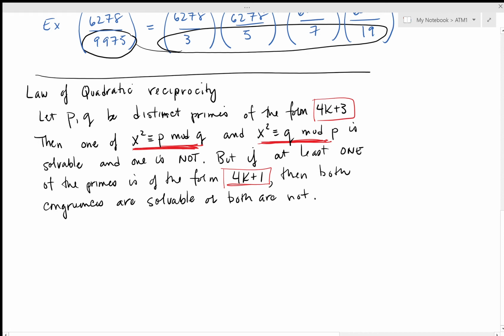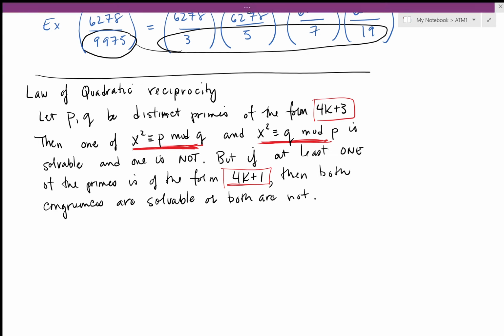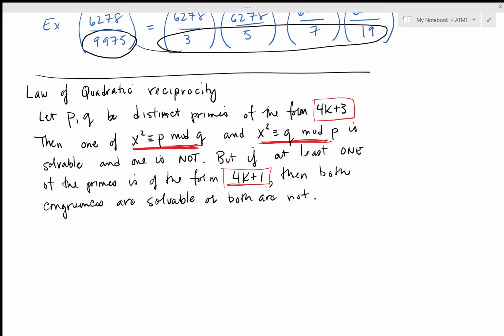That is actually telling you, in terms of the Legendre symbol, that this fact is true. This is an immediate consequence of this statement. Let me write it down: the Legendre symbol (p/q) multiplied by the Legendre symbol (q/p) is minus 1 to the (p minus 1)/2 times (q minus 1)/2. That's a consequence right there.